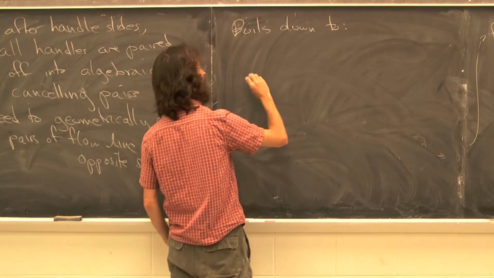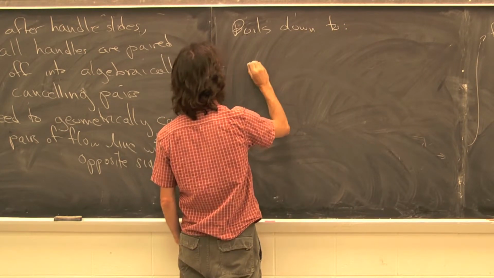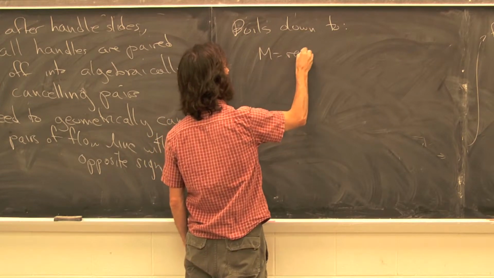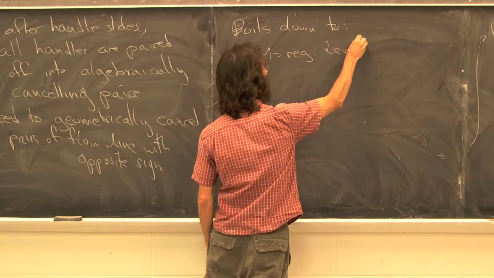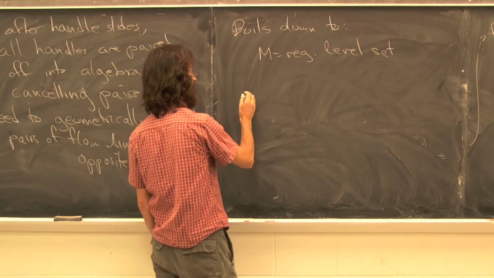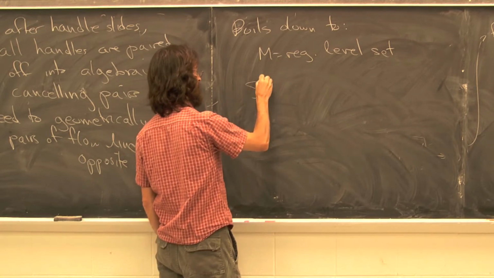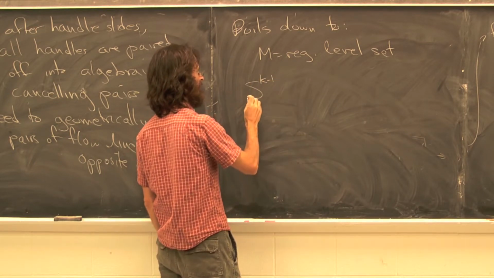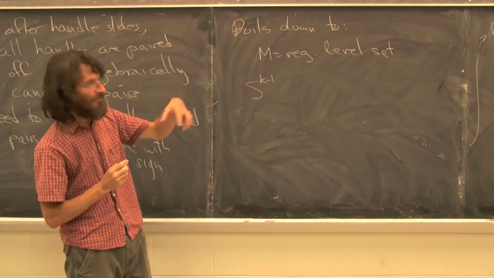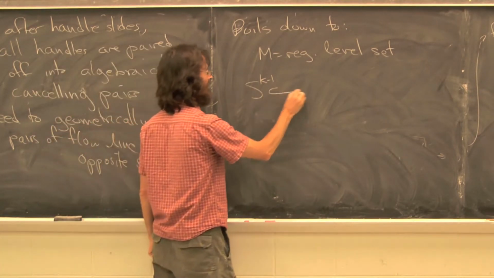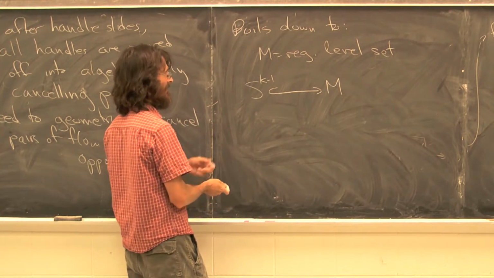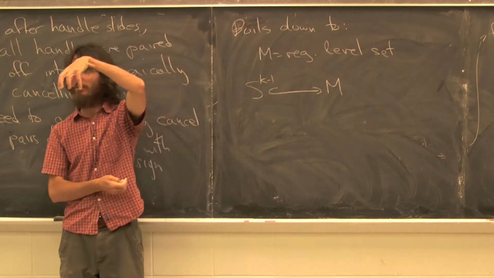We're in some regular level set, and inside M we have a sphere of dimension, say, k-1. There's a k handle canceling a k-1. So the attaching sphere for a k handle is going to be embedded in M. And we have an ascending, so this is the descending sphere for the next k critical point.